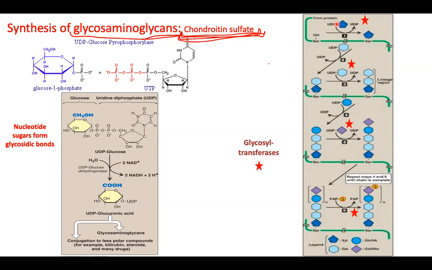So basically we need energy to connect the sugars and the protein. Exactly. And the specific form of energy is UDP. You release 1 phosphate group.